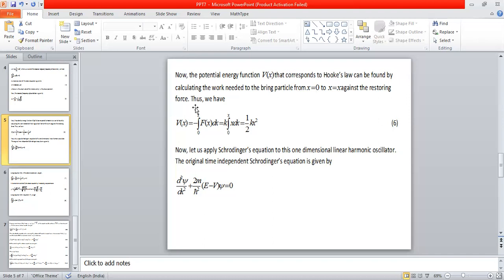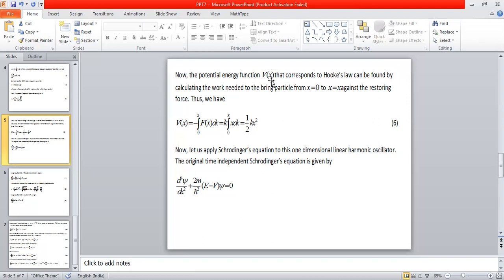So if we want to take the particle from one position to another, work has to be done against the restoring force, and the negative of that work done is equal to the potential energy of the particle, also called the potential energy function, because it depends on the position coordinate x.